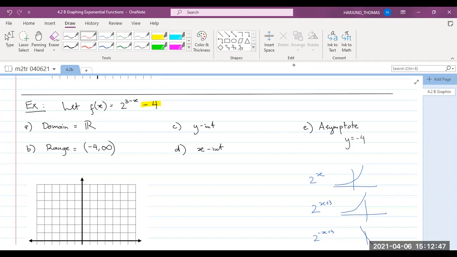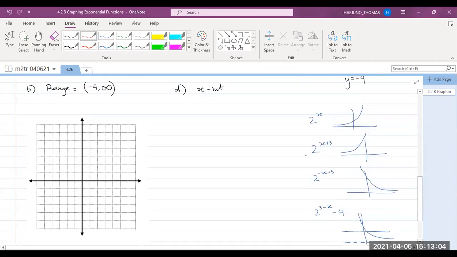Now, you may wonder why we moved 3 to the left. That's our friend's comment, and it's true. I feel the same way. Why is it that when we replace x by x plus 3, the graph moves 3 units to the left?